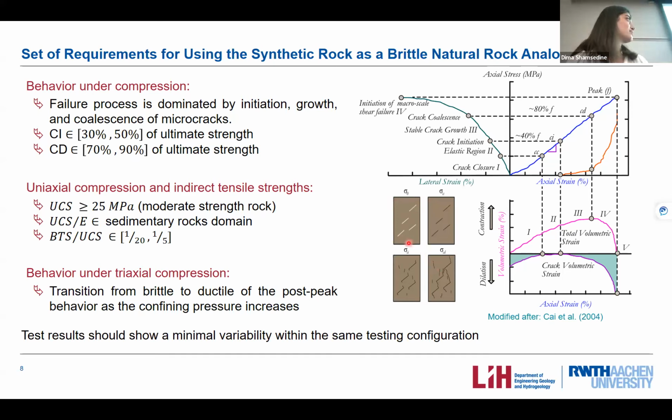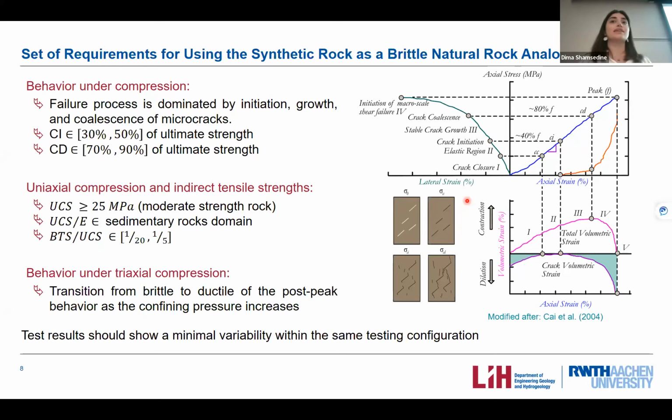We have the first rock block having pre-existing microcracks or voids. When we start the application of axial load, these microcracks and voids will close. This stage is called the crack closure stage.